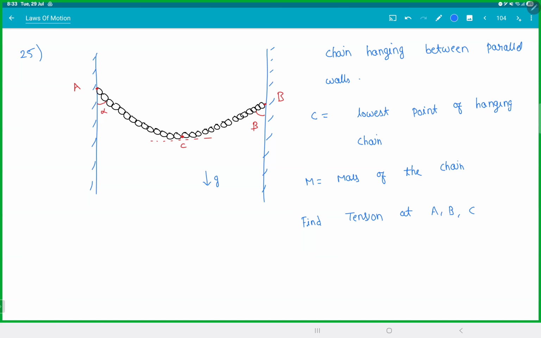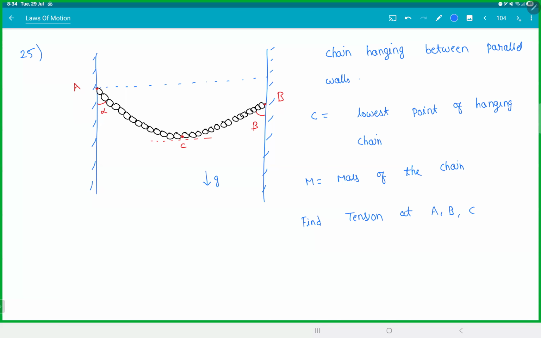The system is in equilibrium. It is at rest. So think. Take a minute or so.